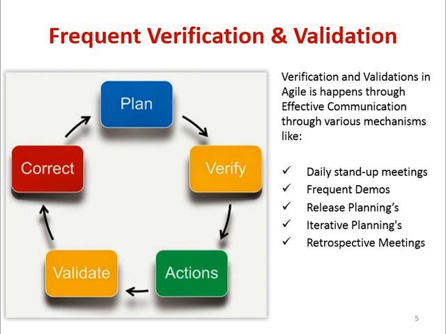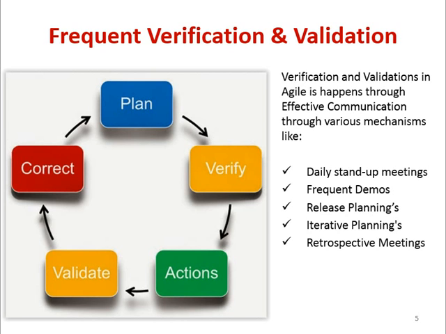It's a 5 component process, which includes plan, verify, then you take the corresponding actions, then you again validate and correct, and again go to the planning phase. So it's a cycle: plan, verify, actions, validate, and correct. From your exam perspective you don't need to remember this combination of 5 components.